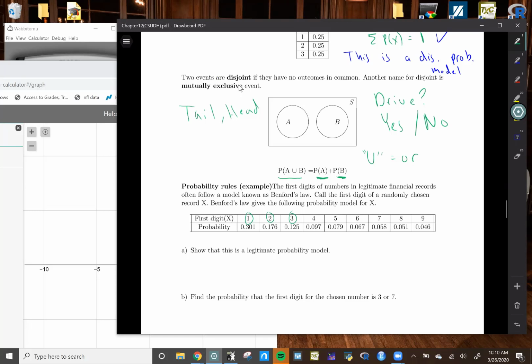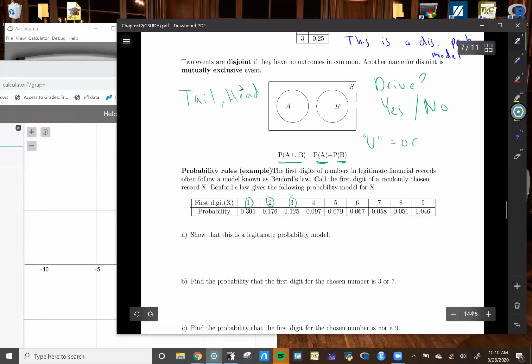Okay. So if you look at part A, it says show that this is a legitimate probability model. Does anybody remember the two conditions to check to see if something is a probability model? Well, one of the probability conditions is that it has to be between 0 and 1.